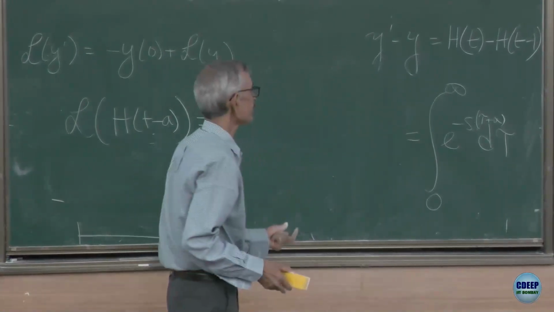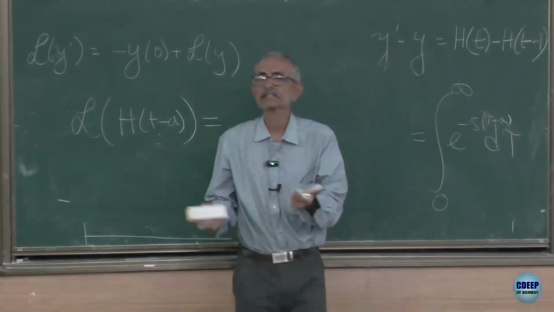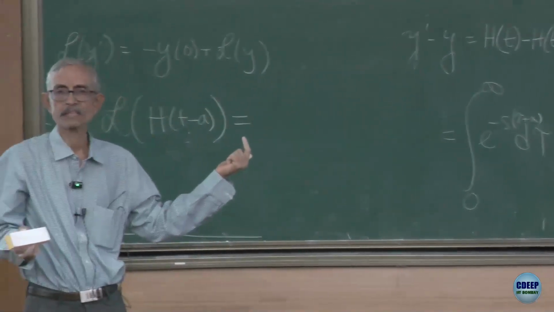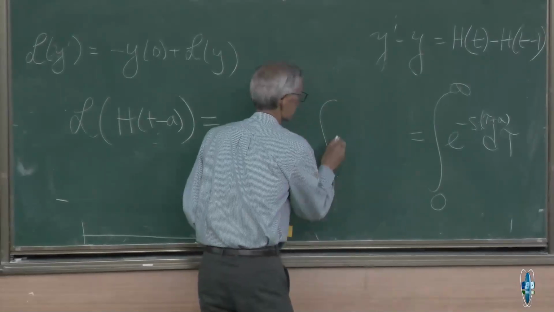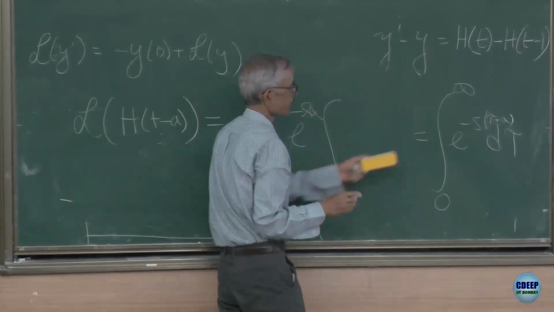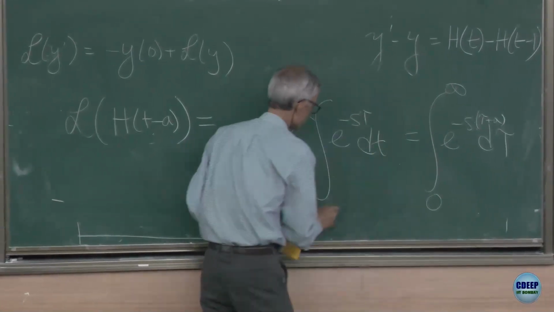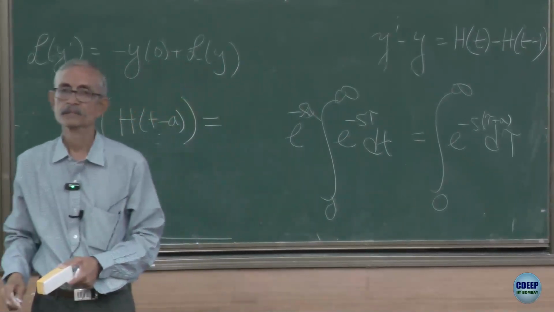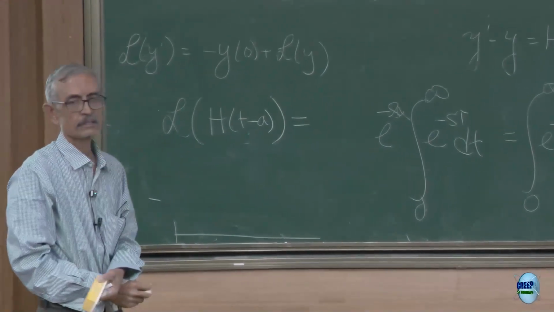So we have changed the variable into another thing. Okay. And now, what is e to the minus sa? It's a constant, right? A is a constant. So I can take it out of the integral sign and say that this is going to be equal to e to the power of minus sa times the integral from 0 to infinity of e to the power of minus s tau d tau, right? And what is the integral from 0 to infinity of e to the minus s tau d tau?